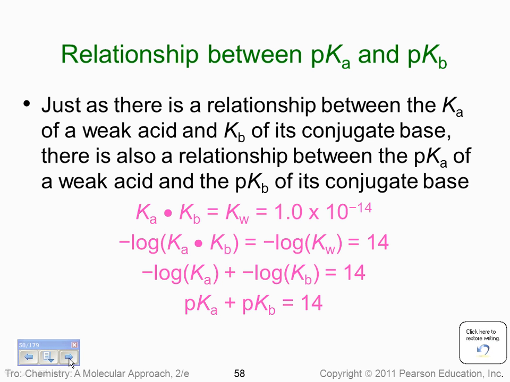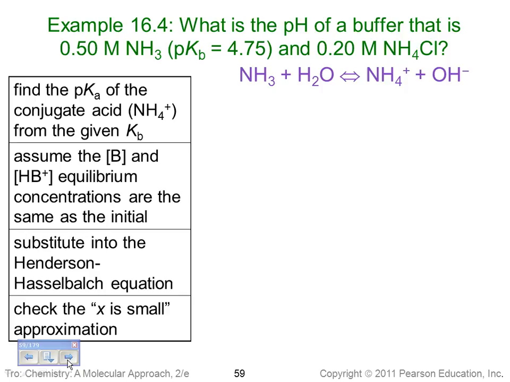So of course we know pKa plus pKb adds up to 14, so if the pKa is 3.15, then you know the pKb is 10.85. If you know the pKb is 12.2, then you know the pKa is 1.8. So off we go.